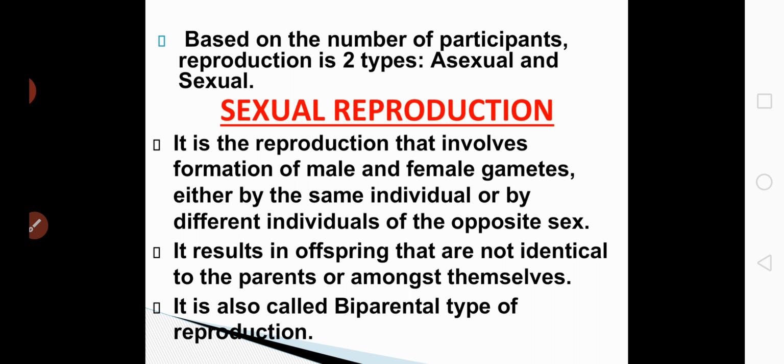Whereas in asexual reproduction, the offsprings are called clones, whereas here in sexual reproduction, the offsprings are not called clones. And it is also called biparental type of reproduction. Why? Because it involves two parents for the process. Am I clear? So this is about the character of sexual reproduction.